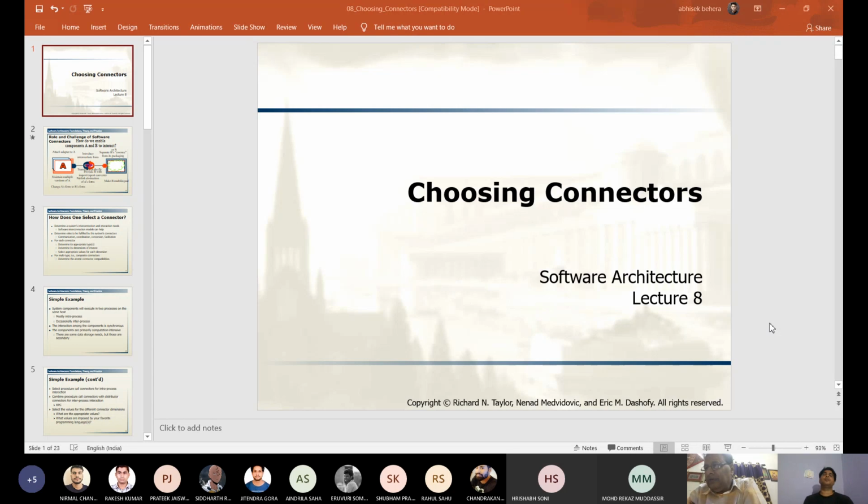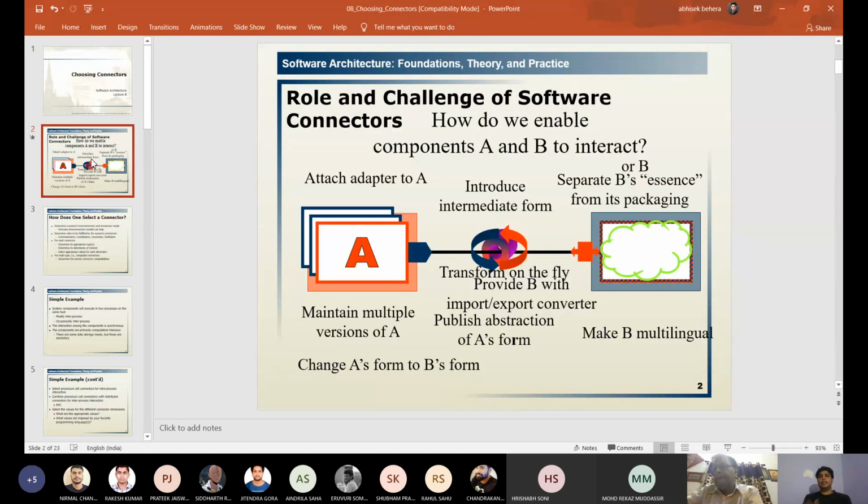And what type of service are these connectors providing? They have dimensions, sub-dimensions, and the values they take. So now this is the important chapter: how to choose a connector. The role and the challenge of connectors.